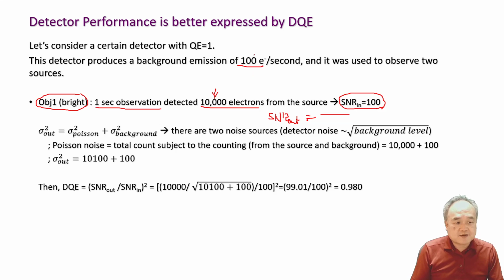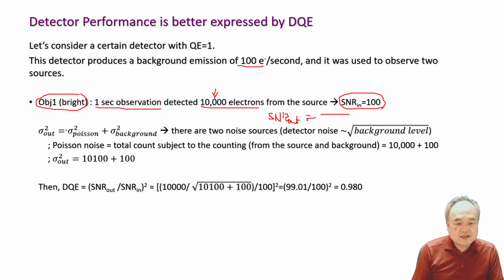Then the background over the duration of observation, which is 1 second: the number of background electrons produced during the observation is 100. So the total number of electrons subject to the counting is not just 10,000, it's 10,100.